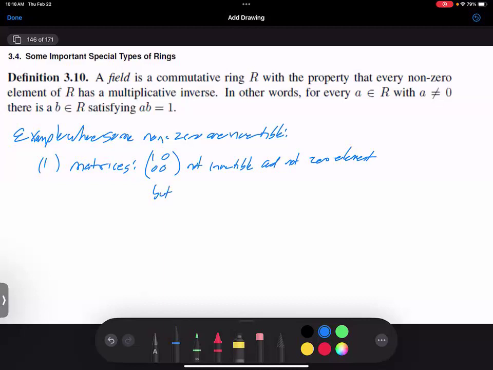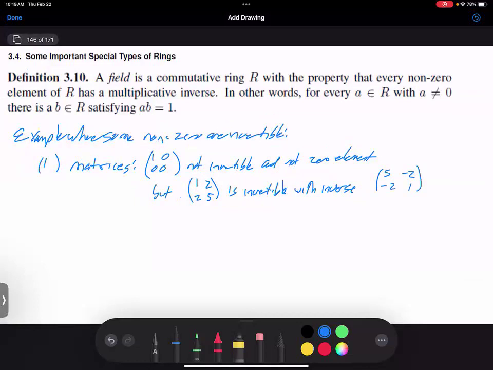But let's say [[1,2],[2,5]] is invertible. So who can give me the inverse of this matrix? So [[5,-2],[-2,1]], yes.